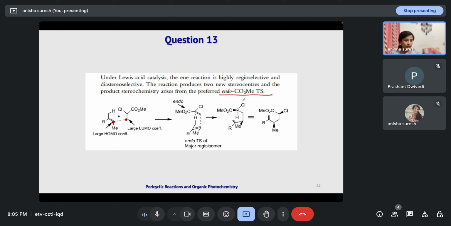If we redraw it, it can be drawn like this, just to see the R and S configurations at these two centers. So these are the two new stereo centers that are generated. And this is how the stereochemistry of the ene reaction is predicted.